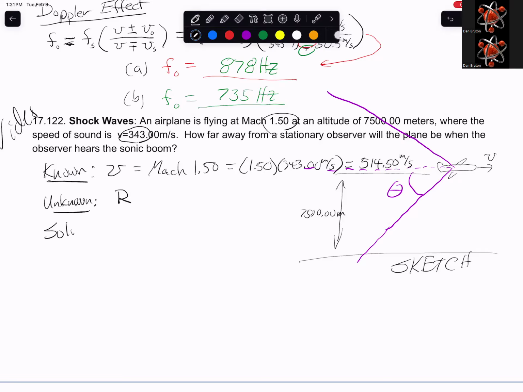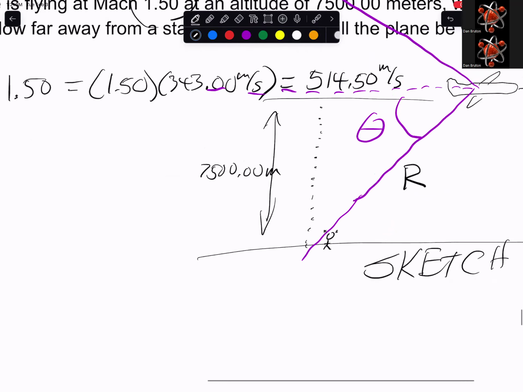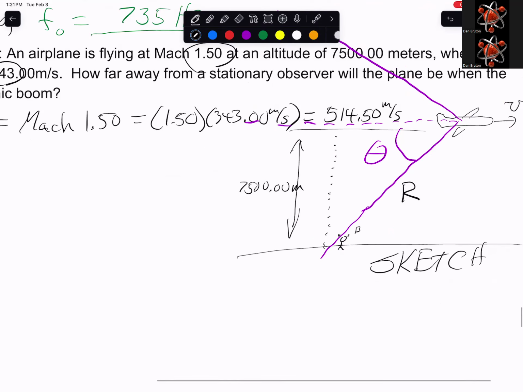And so the solution will be basically to figure out what this distance r is, because we want to put the little person right down here where they hear the sonic boom. So they are going to be hit by this pressure wave, and that's when they hear the boom.